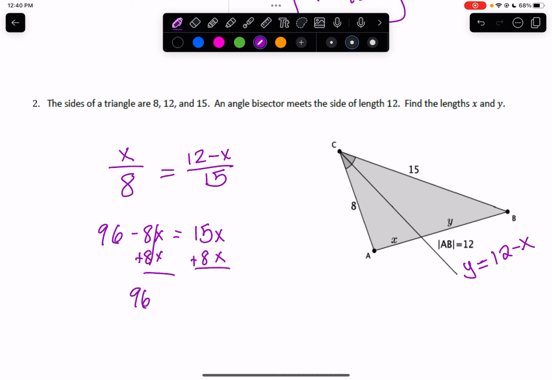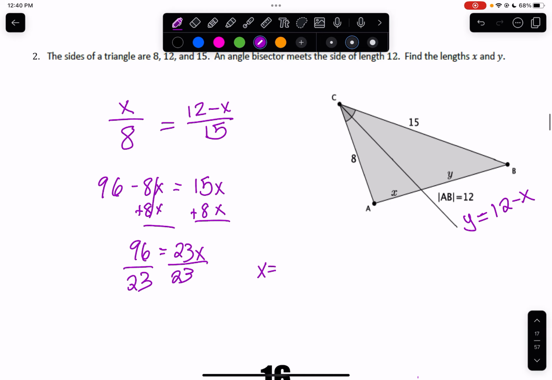So 96 equals 23x. So x is equal to 4.1739... So if I want to, let's say that we're going to round this to 4.2.